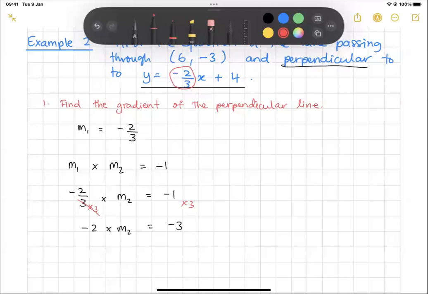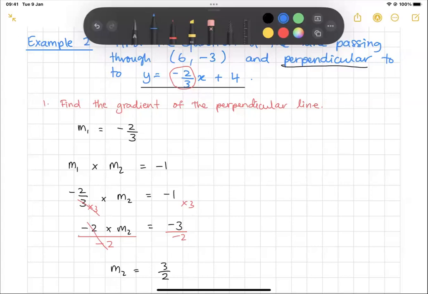And then to get rid of this -2, it's connected to the m2 by a multiplication sign, so I'm going to divide by -2 on both sides. This will cancel out. And my second gradient should be +3 on 2.